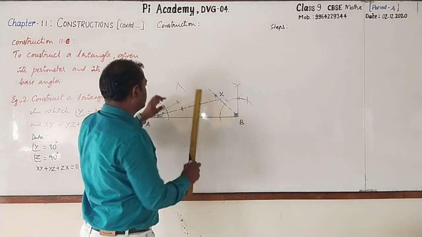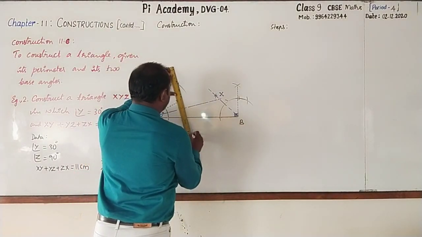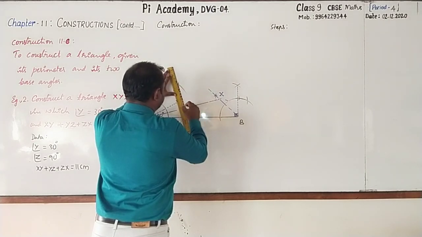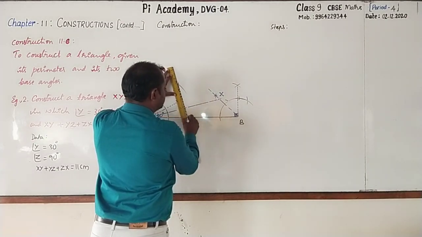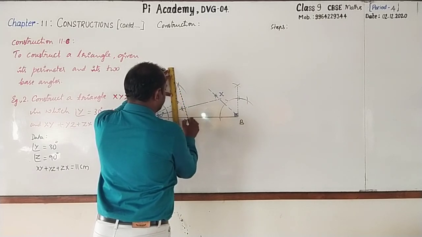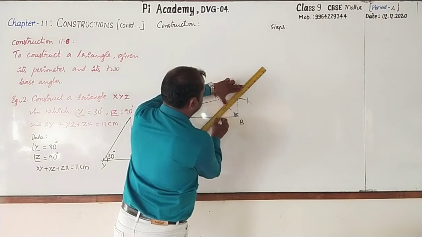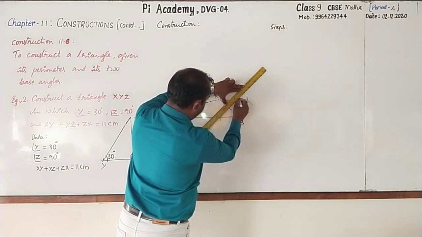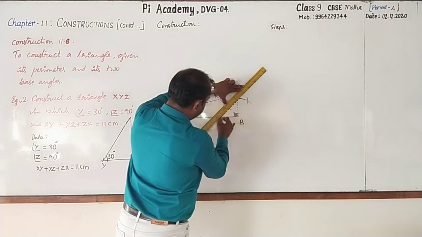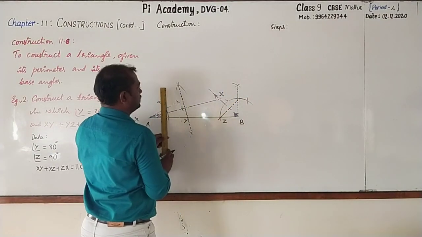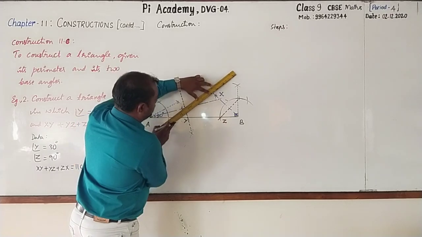Then draw the perpendicular bisectors. The first perpendicular bisector intersects AB at Y. Then the perpendicular bisector drawn to BX will intersect AB at Z. Join XY.